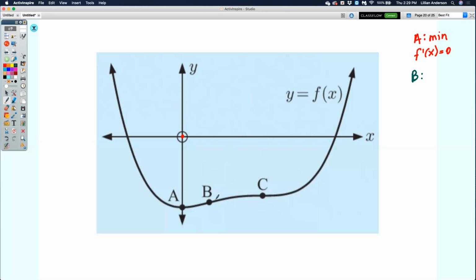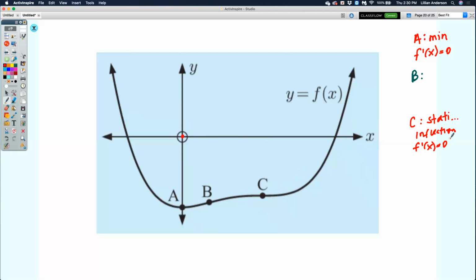And in actuality, that's not necessarily B, that's more so C. C is right over here. C would be an example of a stationary inflection point because the graph levels out. It was coming from an increasing motion, levels out, and continues to increase. And remember, at stationary inflection points, that's where the first derivative is equal to 0.